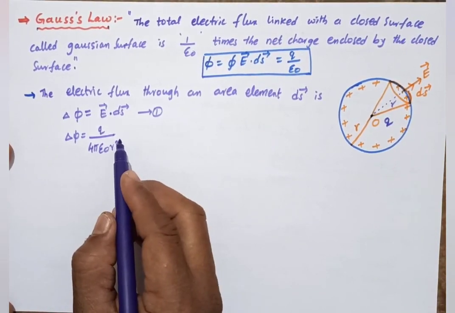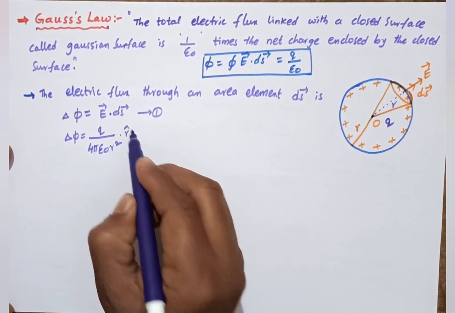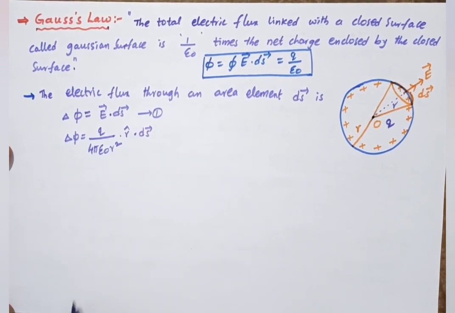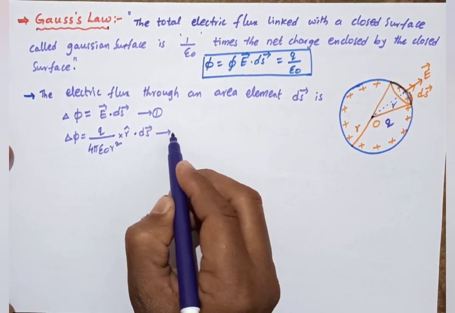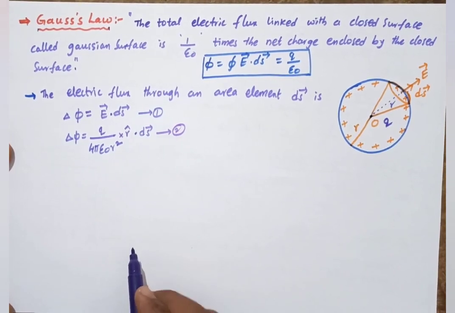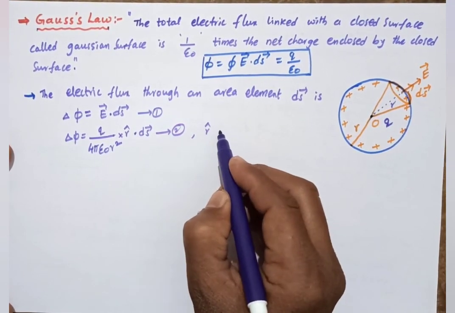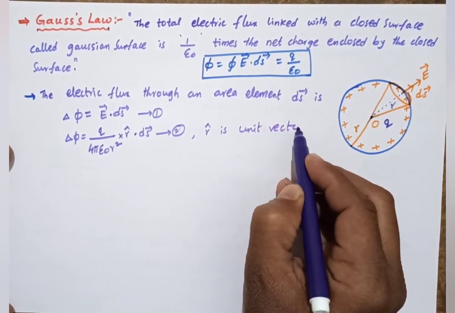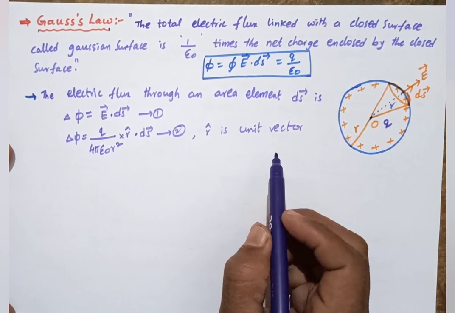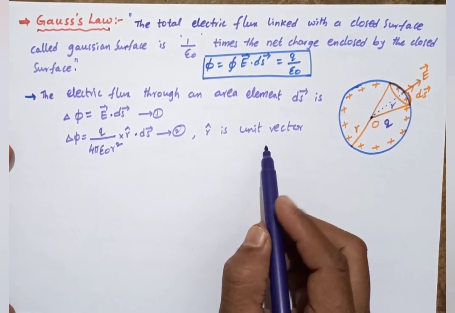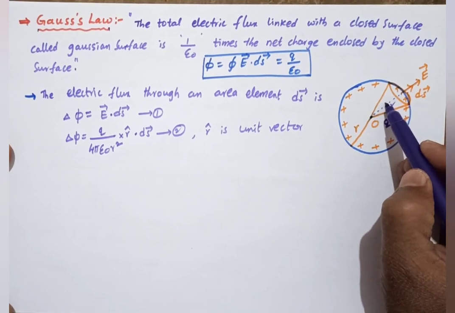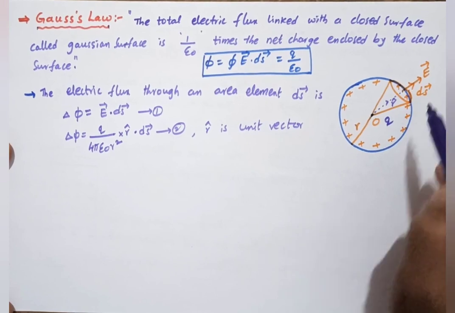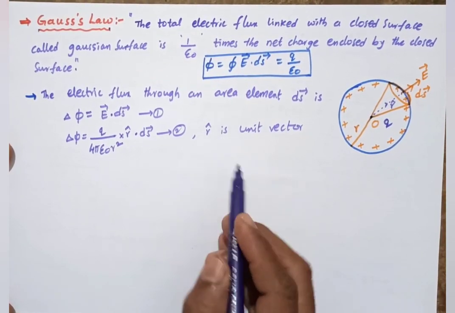So r square into r cap dot ds bar. Okay, here this is equation number 2. Here r cap is a unit vector, the radius vector from the center to the area element. This is the direction of the unit vector, the same as the direction of the area of the surface.